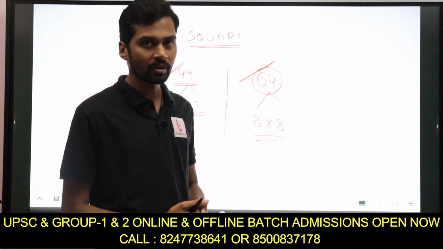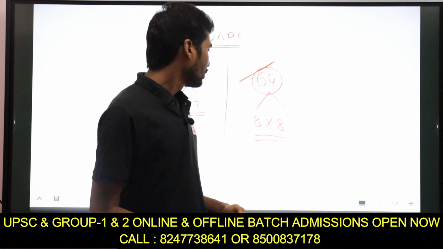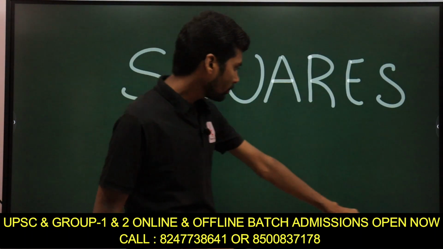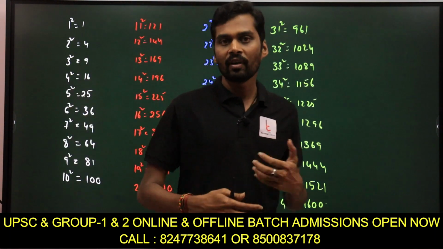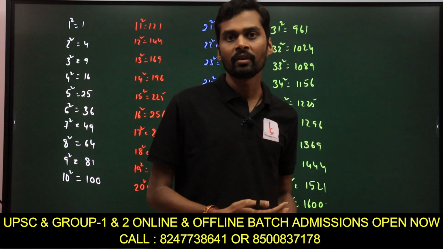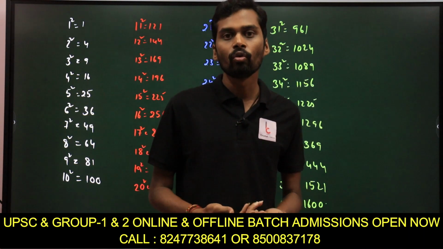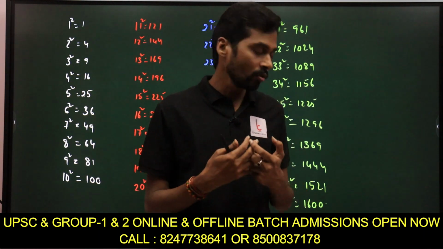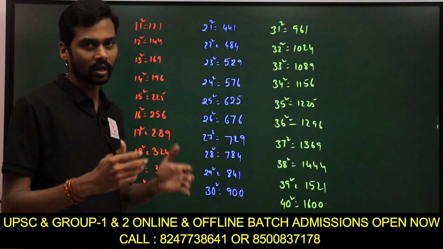Now in this session we are going to learn how to find out the squares. Before we get into all the different kinds of squares, the first thing is we have to learn by heart a few square numbers from 1 to 30, minimum 1 to 30.